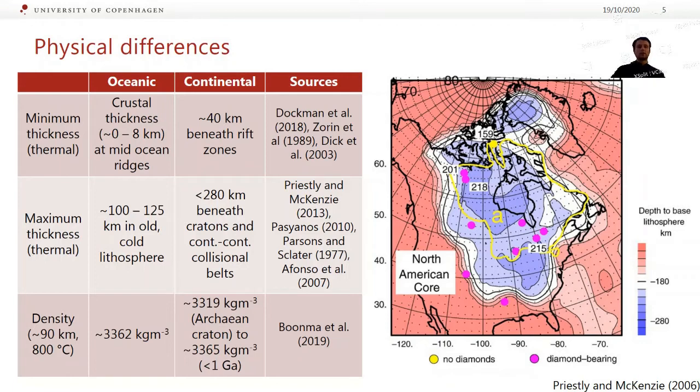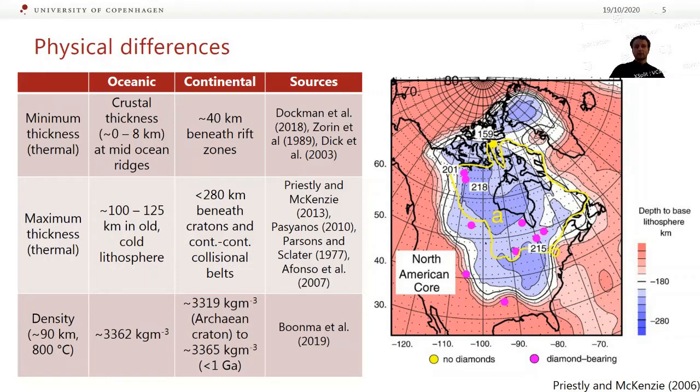Continental lithosphere can get a lot thicker, maybe around 200, 220 kilometers beneath the cratons. And according to some recent geophysical work, it might get very, very thick beneath continental collisional belts, such as the Himalayas, or beneath Iran, where it can be close to 280 kilometers thick.